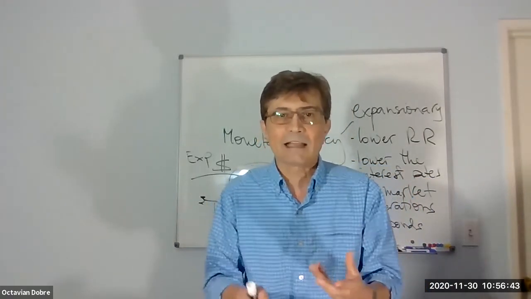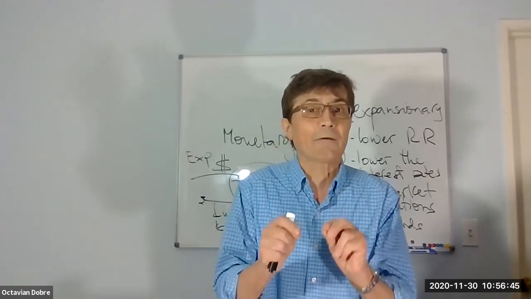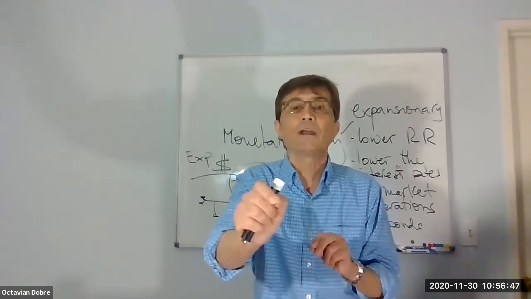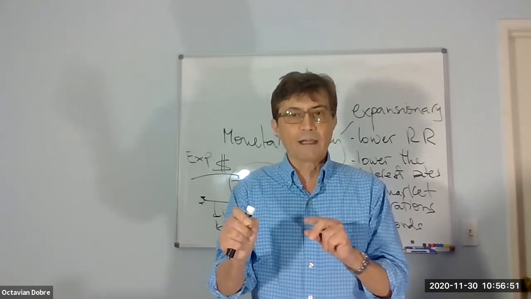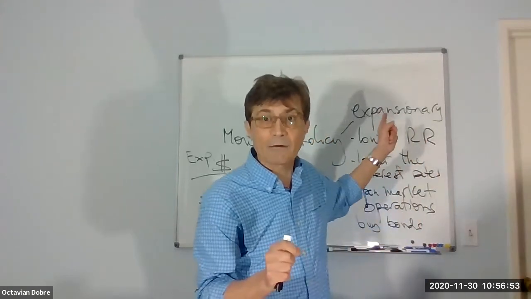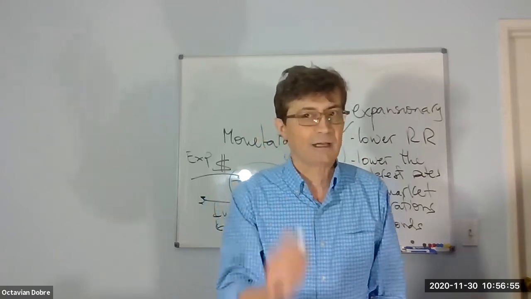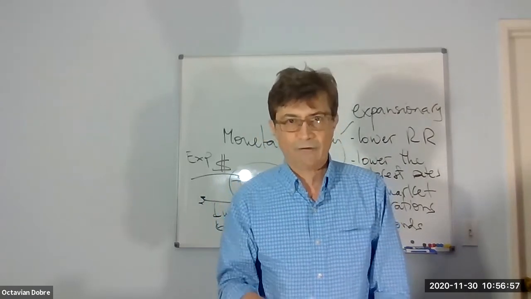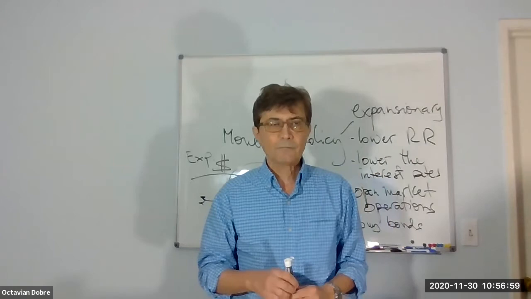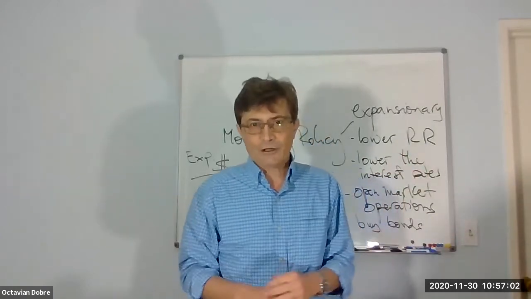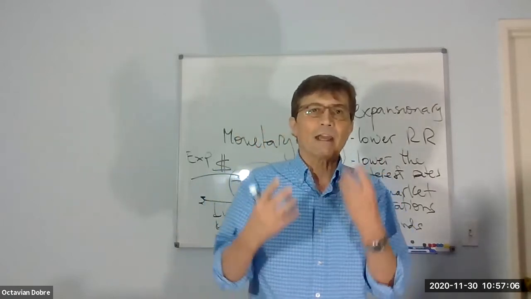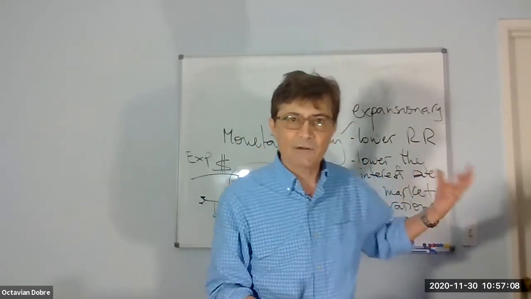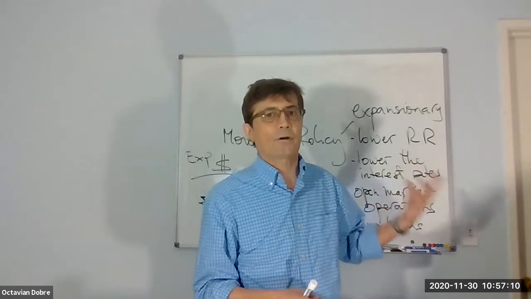Economists sometimes say that contractionary monetary policy is like pulling on a string. It works very well. On the other hand, expansionary monetary policy is like pushing on a string. Doesn't work very well. Okay. So this is unfortunate, but in general, you can understand how come expansionary monetary policy doesn't work very well.